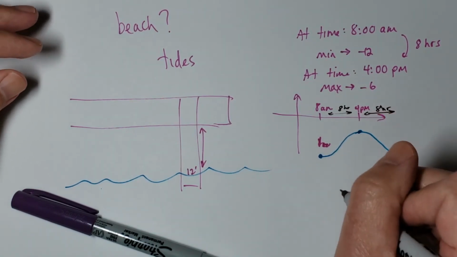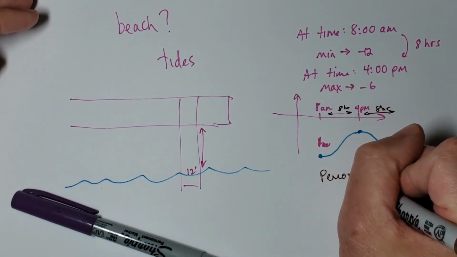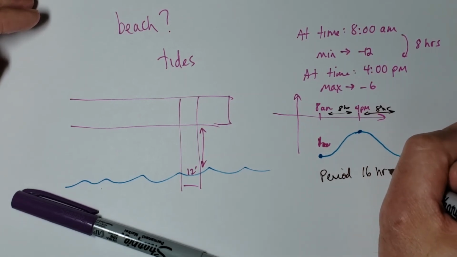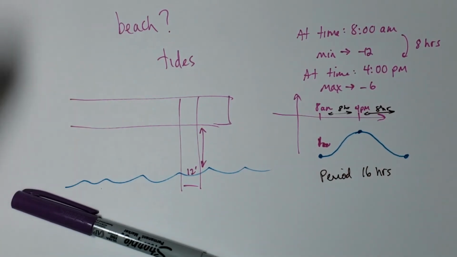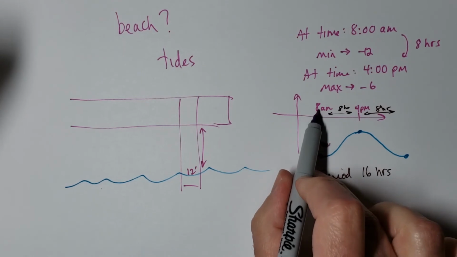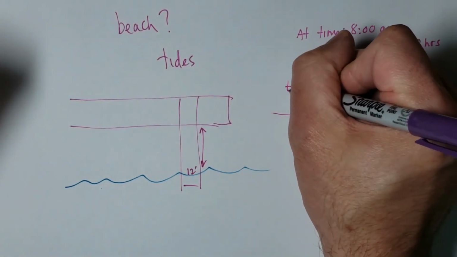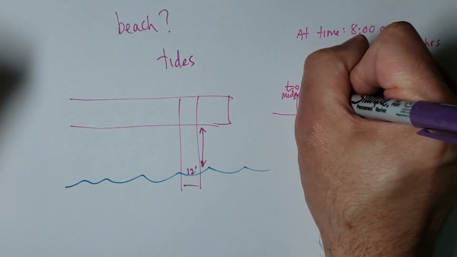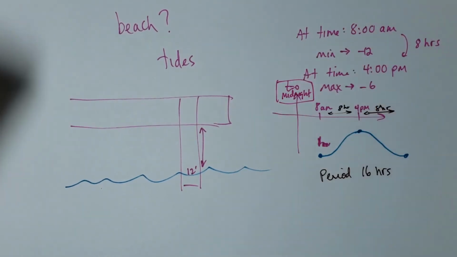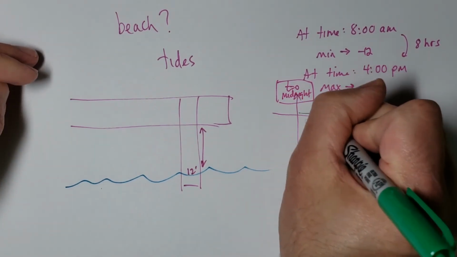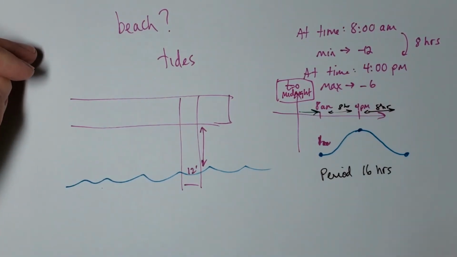Which means that our period here is 16 hours. Now this one's a little bit different because we started at 8 a.m. Typically, we think of time 0 as being like midnight. So we need to account for that by figuring out a phase shift.